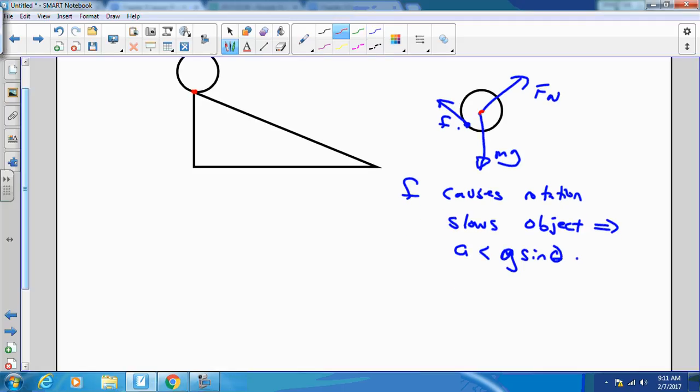Now, let's see that by doing a torque analysis about the center. If I do the sum of torques about the center C, then I can see that, no pun intended, there are going to be 3 forces acting. One of those forces is mg, it's pulling straight through the center, so its moment arm distance is 0.